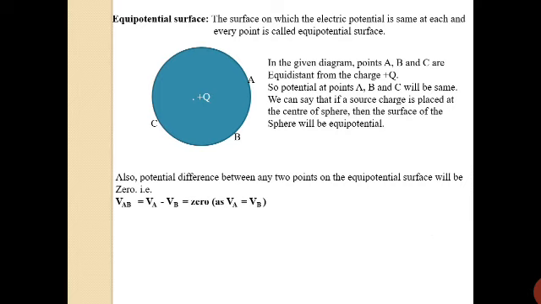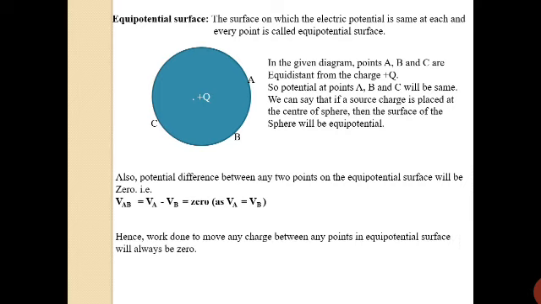And the next thing is, if the potential difference is not there, which means if you move any charge from A to B, B to C on this surface, the work will also not be done. So if we are moving the charge on an equipotential surface, no work will be done. In that case we will not give any energy to the charge either. So remember this point, it's written: work done to move any charge between any points on an equipotential surface will always be 0.